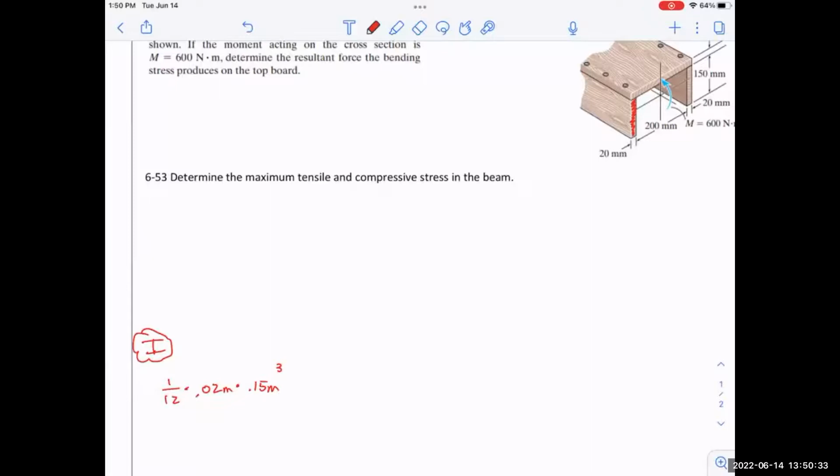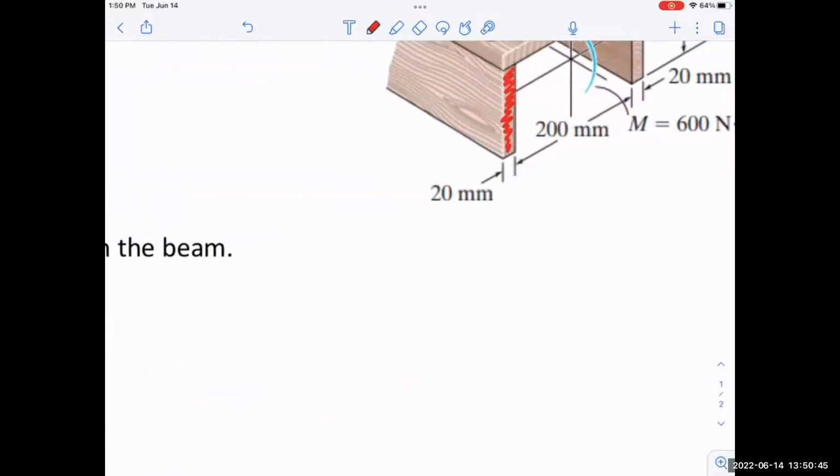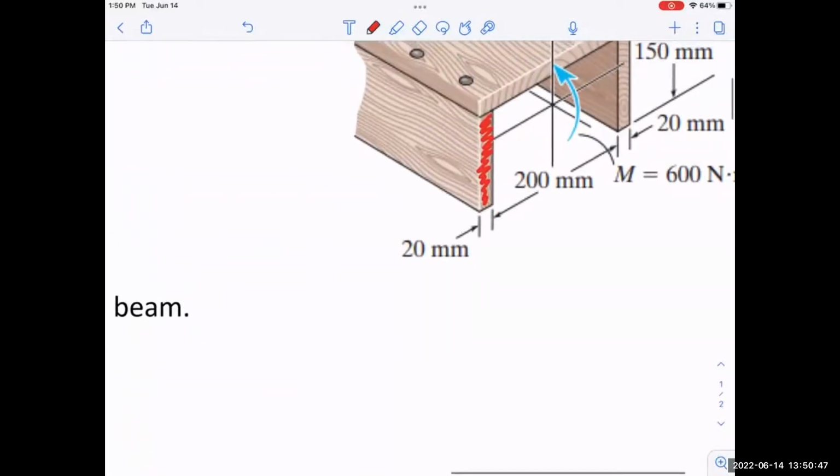And then I say, okay, that's added to its area, which is again 0.02 meters times 0.15 meters. But now all of a sudden I've got distance squared. And the distance is measured from its center to the center of mass. In other words, that's my D right there, that neutral axis. But I don't know what that neutral axis is. We've got to calculate that, right?